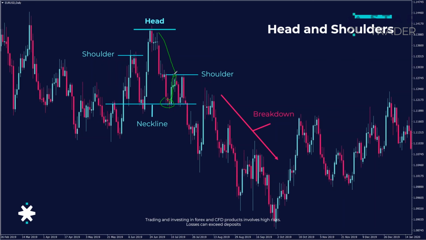At this moment, this is what we will wait for, and we call it the confirmation of the head and shoulders. Once the prices came back down and formed a top here, we can say this is a head and shoulders top. One shoulder, head, and the other shoulder.